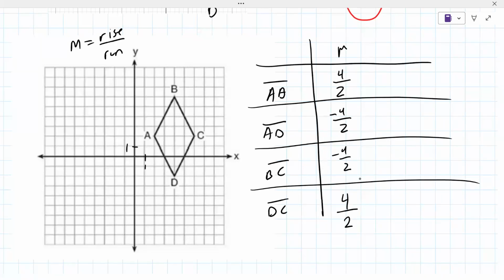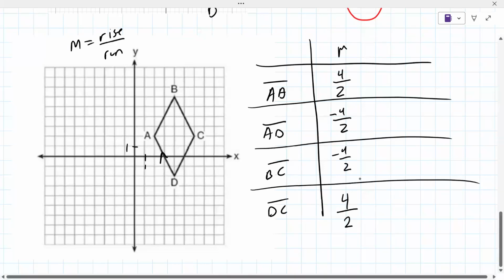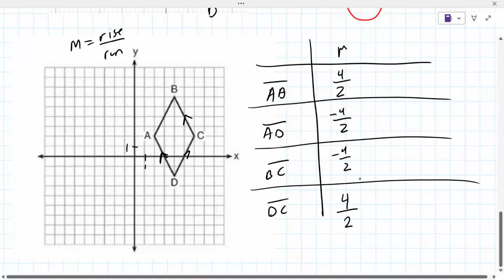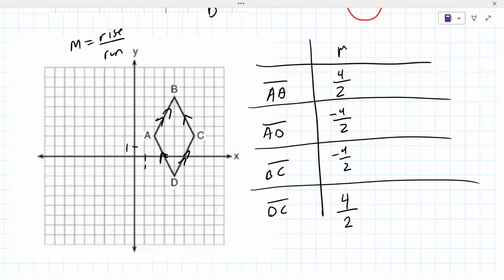A to D is the same as B to C, and D to C is the same as A to B. Okay, so that means they're parallel. What about the other ones? D to C and A to B are equivalent. Very good.